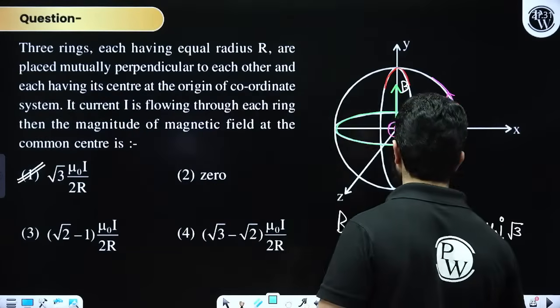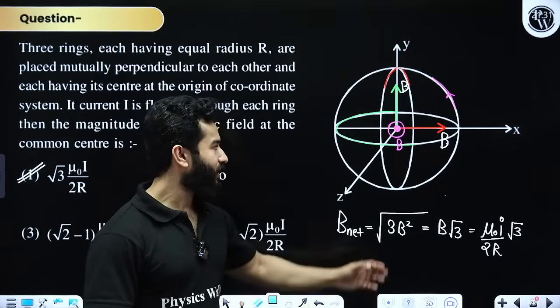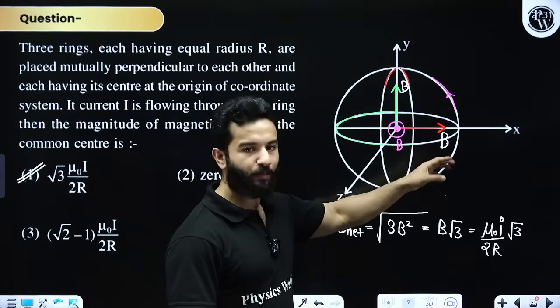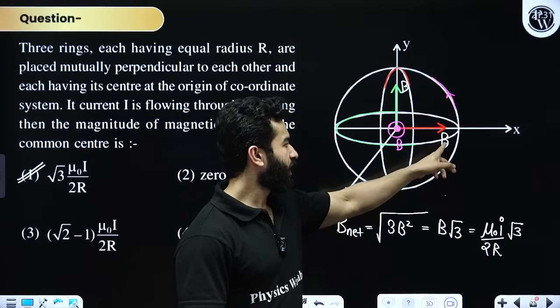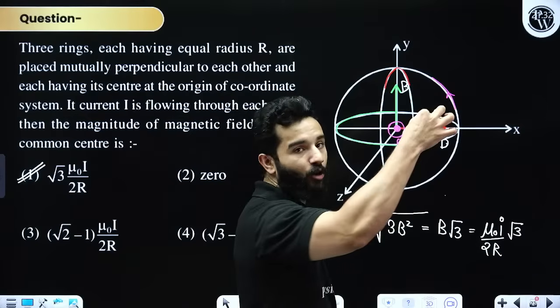See, the question says that you need to find out the resultant magnetic field. Now, the magnetic fields are in mutually perpendicular directions. Rings are perpendicular, so the magnetic fields are also perpendicular: Bx, By, and the third magnetic field is like this, coming out of the board.